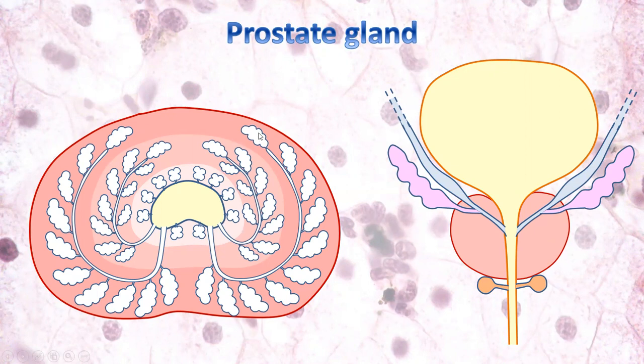The prostate gland is rich in different exocrine glands which produce mucus and fluid, and their secretory units open into ducts which open into the urethra, and this is necessary to move spermatozoa. So the secretion of the prostate gland is released in the urethra.